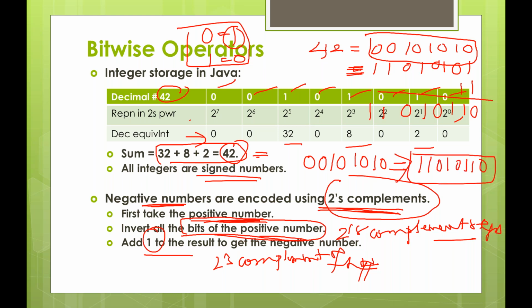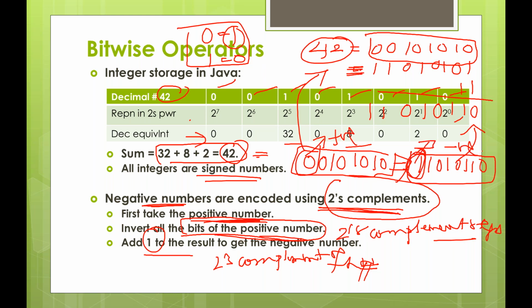This is the value that we got here. That is how we get the 2's complement of any number, whether it is positive or negative. Here the leading bit was 0, so it is a positive number. Since this is 1, it will be a negative number.